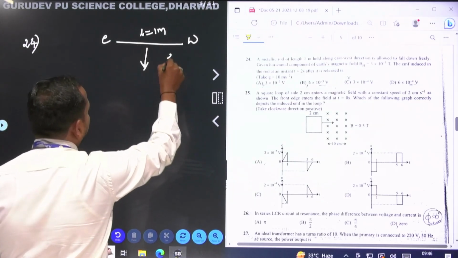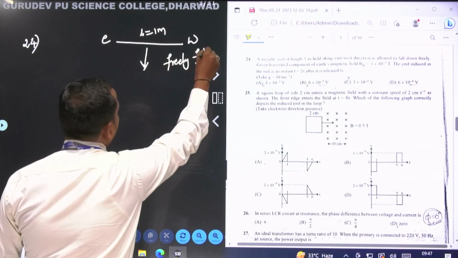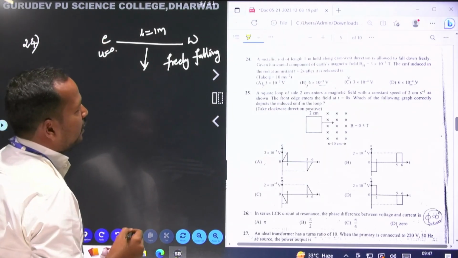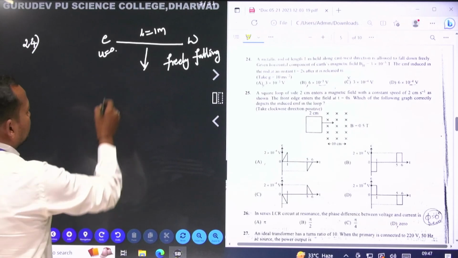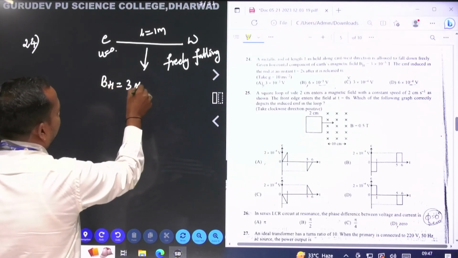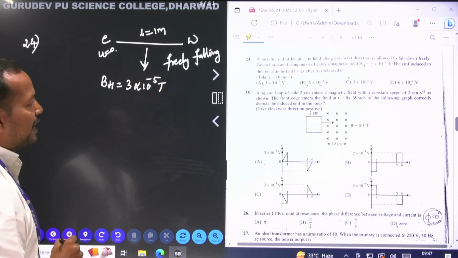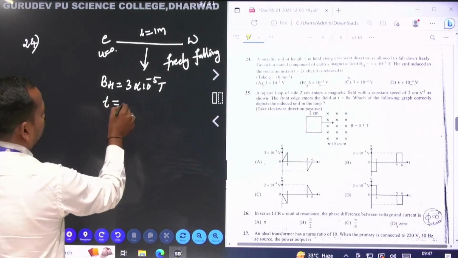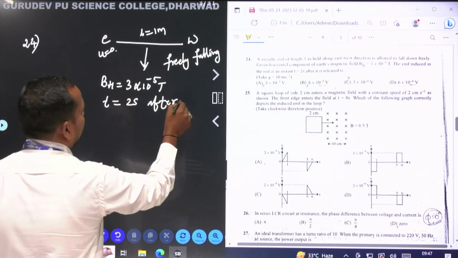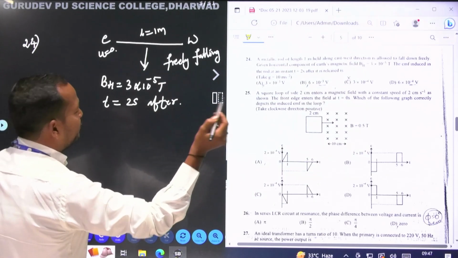When it is freely falling, the initial velocity u is equal to 0. The component of Earth's magnetic field they have given, BH, is 3 into 10 to the power of minus 5 Tesla. Then the question is how much EMF is induced in the rod at an instant t equal to 2 seconds after it is released.